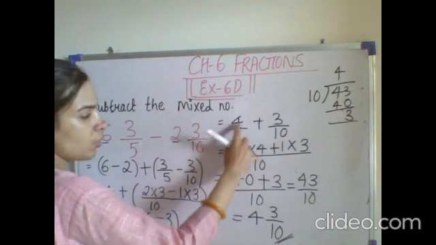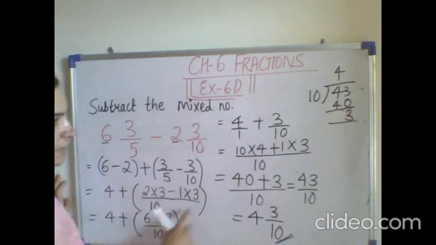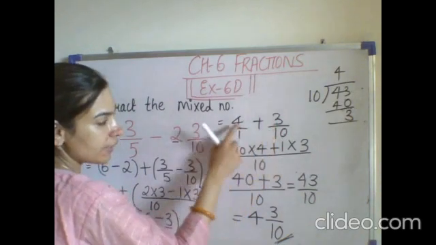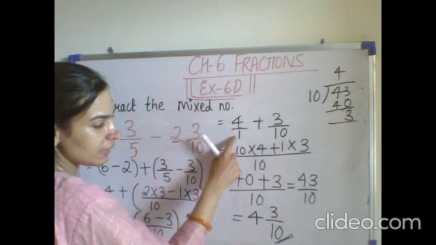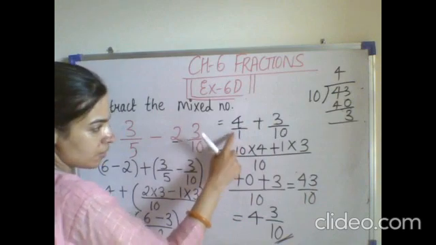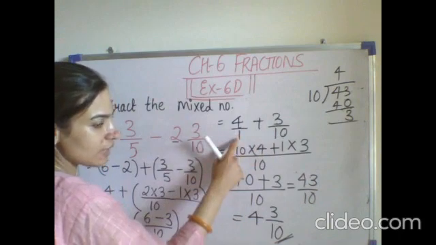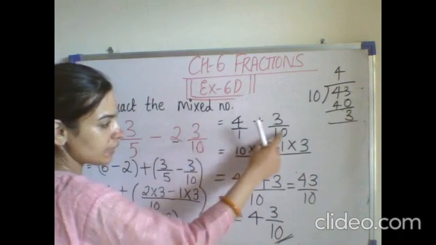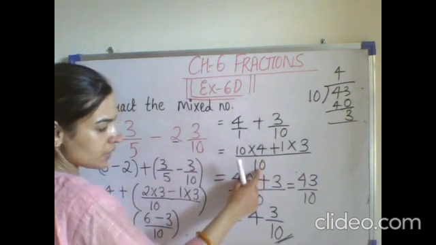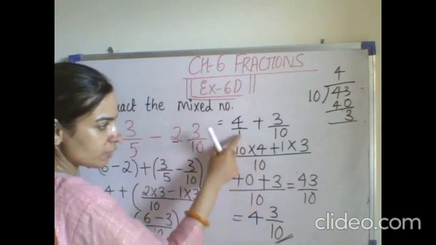Now 4 plus 6 minus 3 is 3 upon 10. Now in 4, no number is there, we can consider 1. I have considered here 1. So again we have to find the LCM of the denominators, that is 1 and 10. The LCM is 10. Then we have to divide 10 with 1.